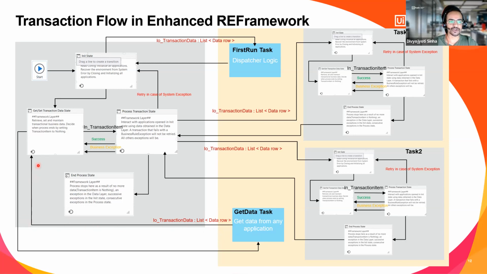Once it does that, it is going to pass back to the get set transaction data state. It is also going to get the particular invoice. With that invoice as the transaction item, it is going to invoke the process transaction state over here.